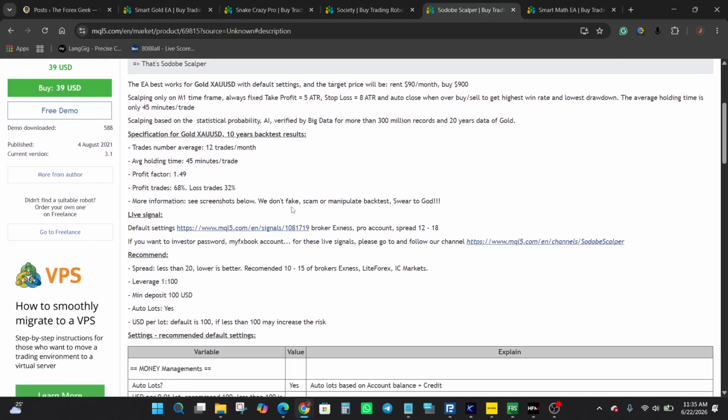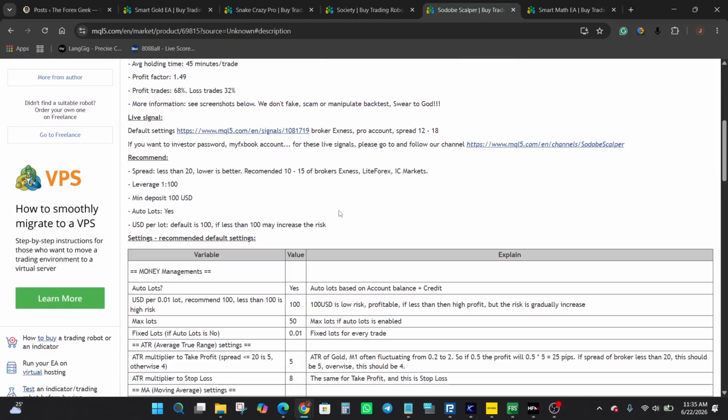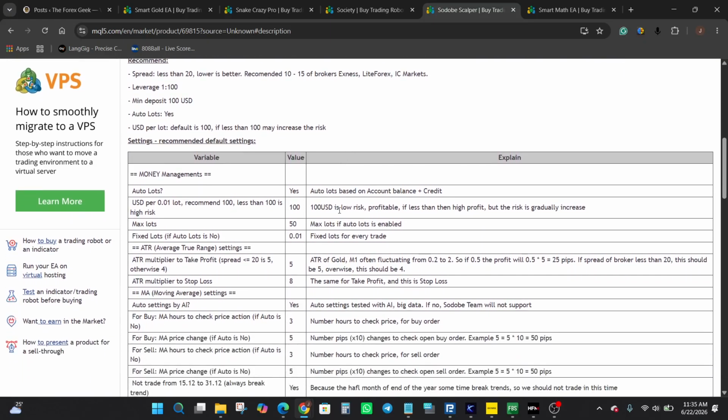The EA uses fixed risk parameters based on the average true range. And according to the description, the default take profit is set at 5 ATR, while the stop loss is set at 8 ATR.